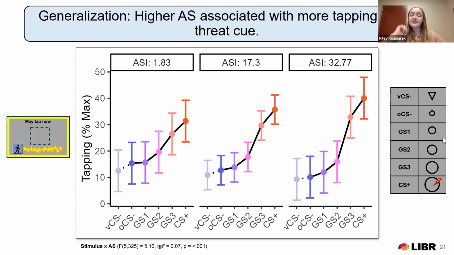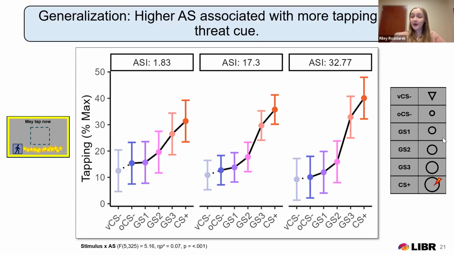And then during generalization, when we added in those middle-sized rings that were still never associated with the shock, those with higher anxiety sensitivity had higher tapping to the threat cue. So when we're looking at this graph, it's the percentage of tapping compared to their max taps.